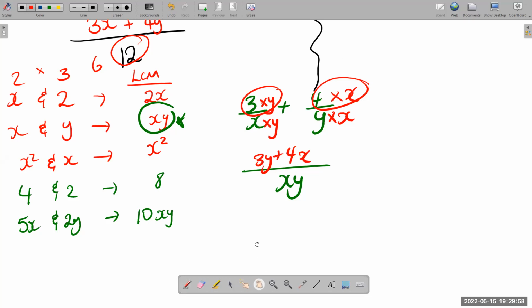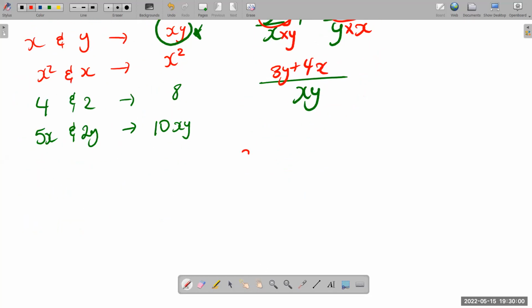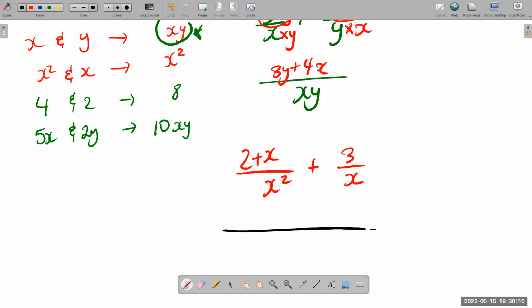Let's get a harder one. Let's have 2 plus x over x squared plus 3 over x. Again, we already identified the LCM to be what? x squared. So does this change? This does not change. So you just write back 2 plus x.